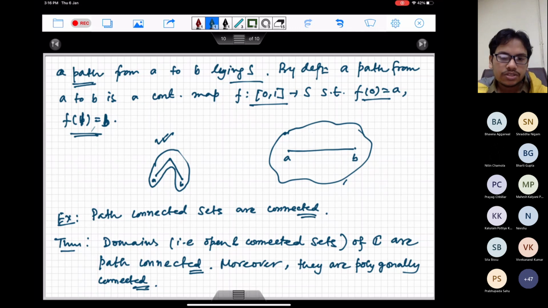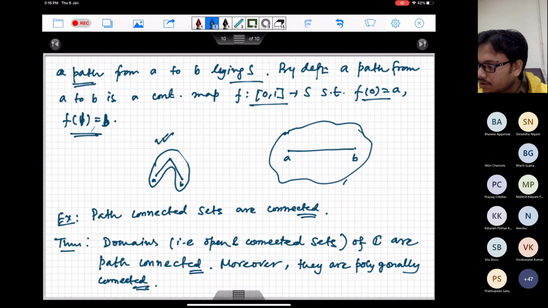You will have points on that path so that the actual path can be seen as lines joining those points consecutively. Those are called polygonal paths.